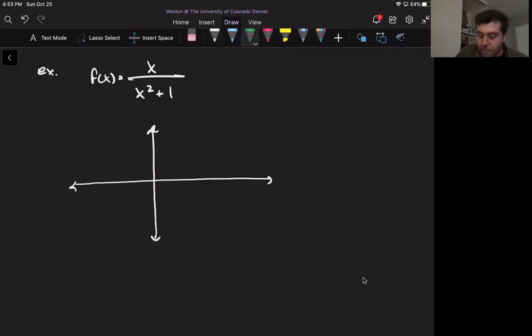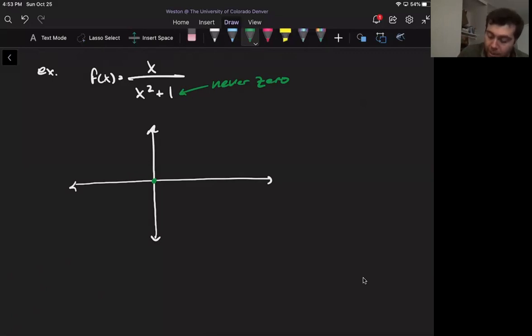That's our y-intercept. It's also our root. x squared plus 1 is never 0, so we don't have any place in the domain where it's not defined. So the only time it can change sign is at 0, because that's where we have a root, and we can only change signs at roots or asymptotes.